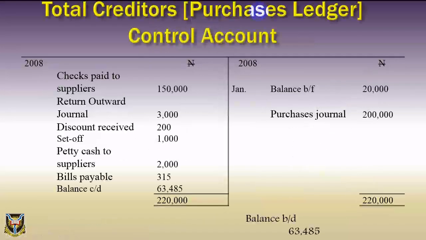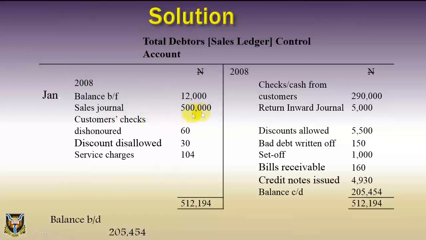Solution. Debtors sales ledger control account 2008 in Naira. January. Balance B/F 12,000. Sales journal 500,000. Customers checks dishonored 60. Discount disallowed 30. Service charges 104. Making 512,194.